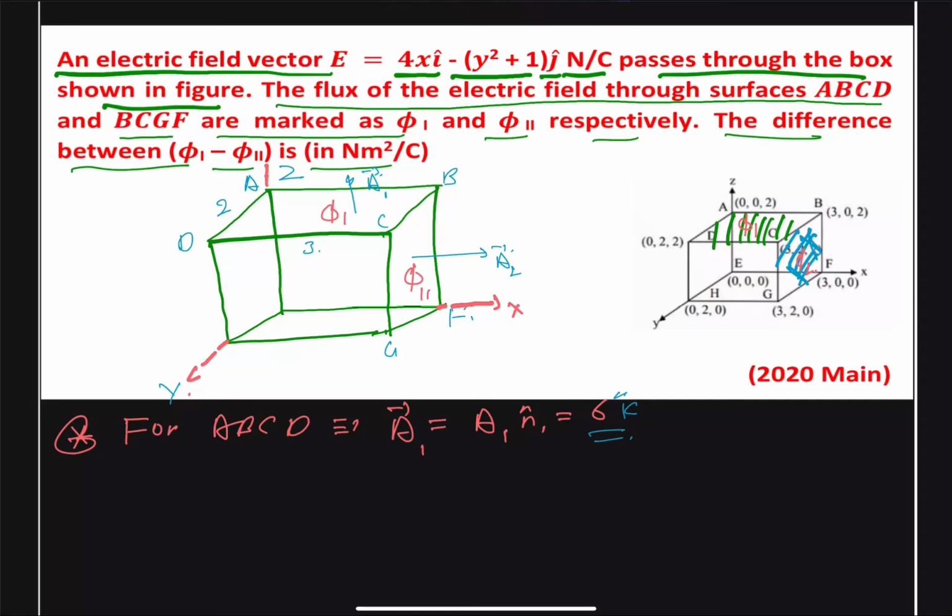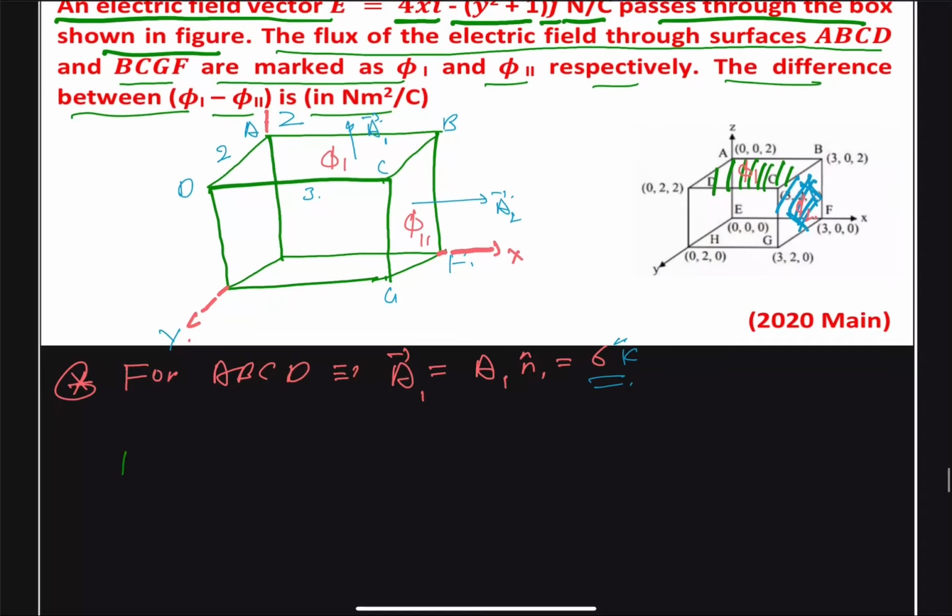Similarly for BCGF, we have our A2, that will be equal to A2, and let us suppose a unit vector n2, and for that we need its sides. This will be 2 units and this will be also 2 units.